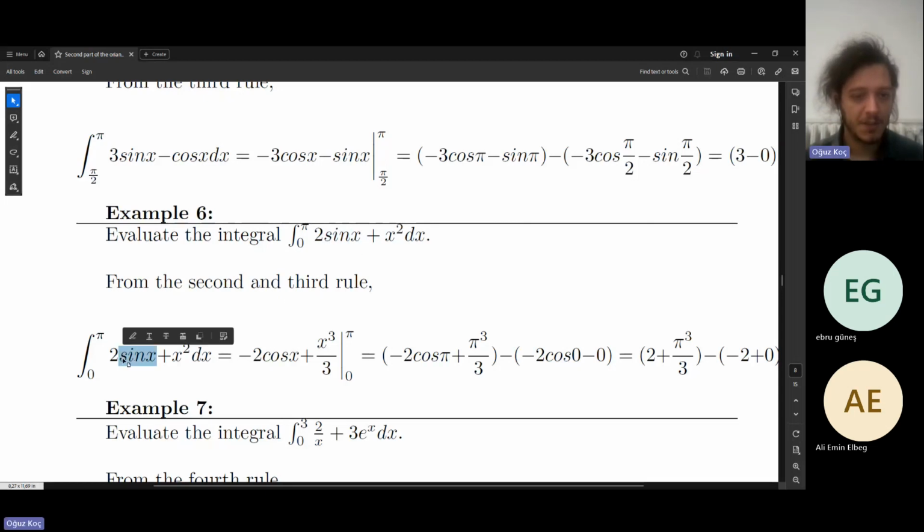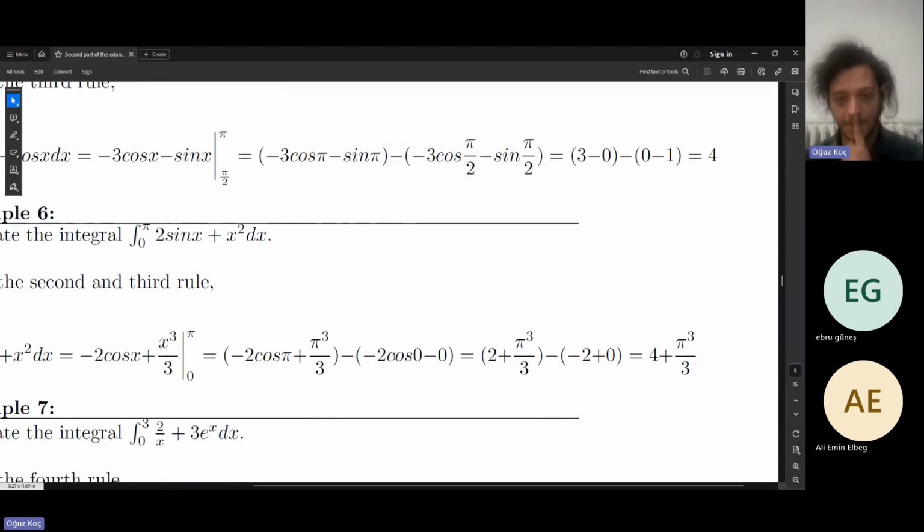When we take the integral of sin x, we already know that it is minus cos x, and when we take the integral of this polynomial function, since its power is equal to 2, it becomes 3, and we divide it by 3, and then for the limit points, it becomes minus 2 times cos pi plus 3 times the third power of pi over 3 minus 2 times cos 0 and minus 0.